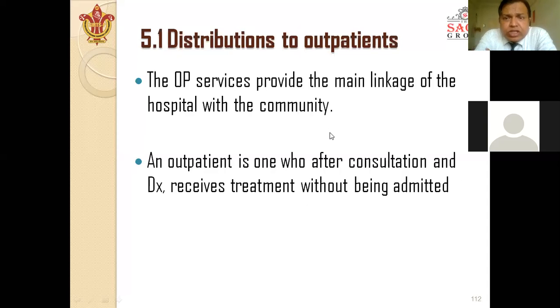Now, distribution to outpatients. The outpatient service provides the main linkage of the hospital with the community. Here, patients come directly from society or community for treatment. An outpatient is one who, after consultation with the physician or pharmacist, receives treatment without being admitted.